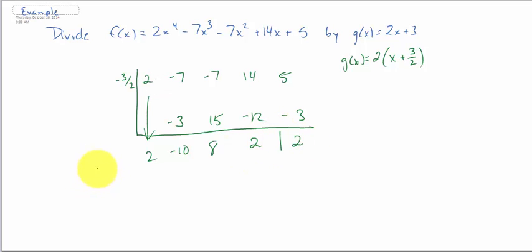So what we now know is that when we divide this by x plus 3 halves, I get these numbers. But I really want to divide by 2x plus 3.